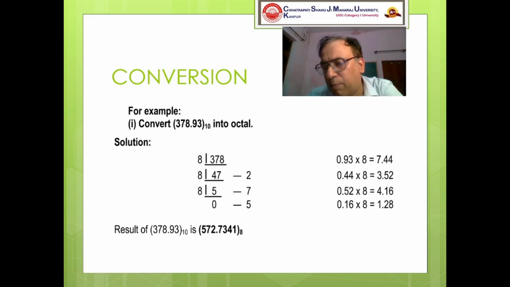Again, we take 0.52 in the next step and multiply it by 8. You will get 4.16, and so on. Considering only the integer parts as the octal conversion of the fractional part, we can write it as 572.7341 as an octal conversion.